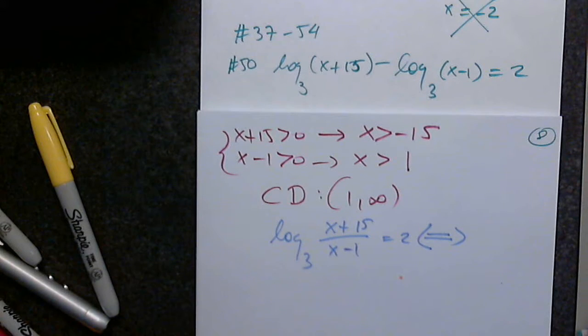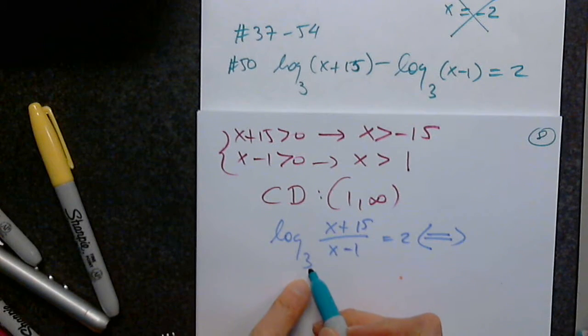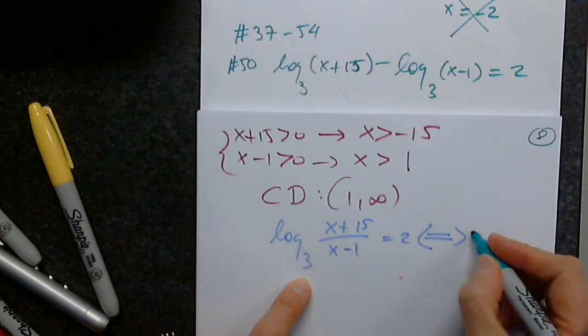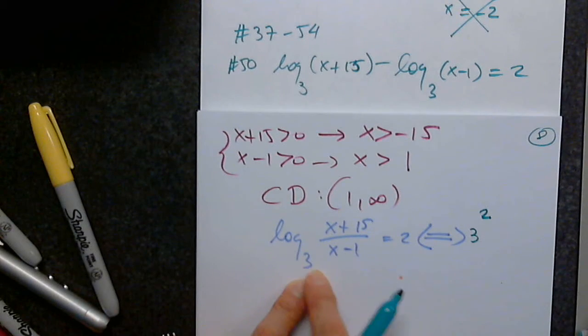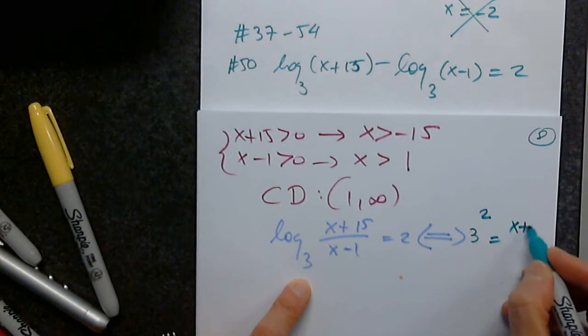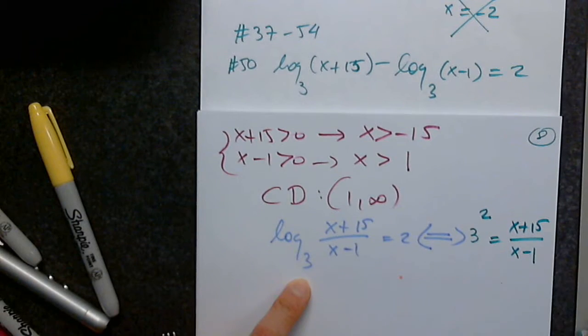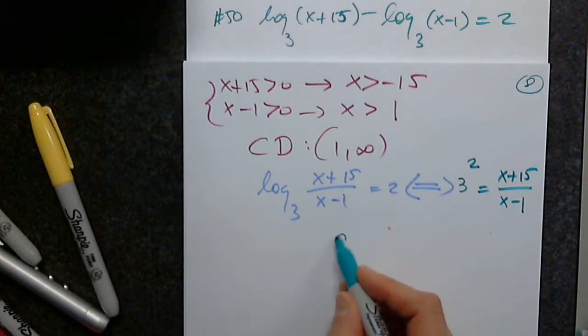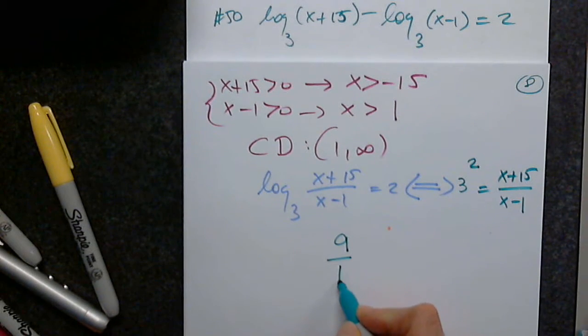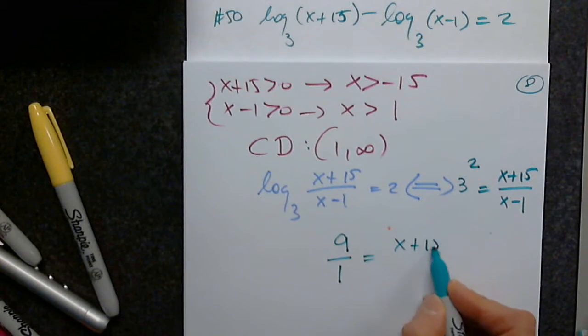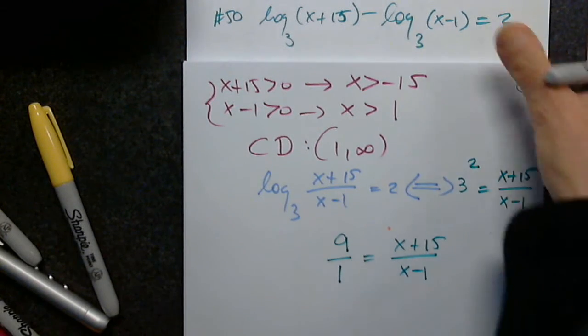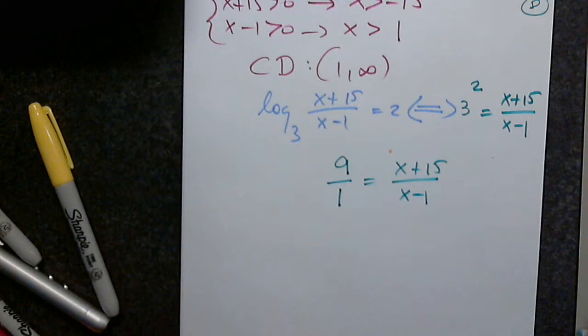3 squared equals x plus 15 over x minus 1. So 9 over 1 equals x plus 15 over x minus 1. I specifically wrote 9 over 1. Why? Proportion. Yes.